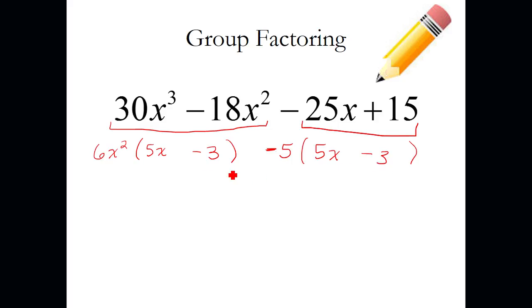Now notice how my 2 repeating factors are here, 5x minus 3. They're both the same. That's good. That means we're factoring correctly. And then what I took out is 6x squared minus 5. These are my 2 factors that were multiplied to make this polynomial to start. So we're trying to factor these things apart using our strategies.